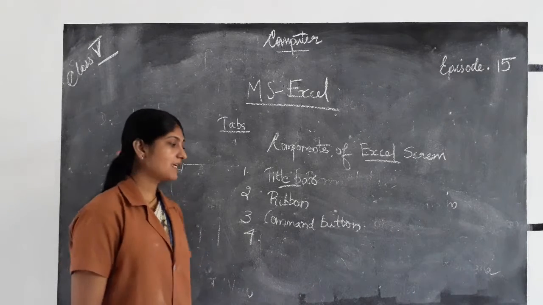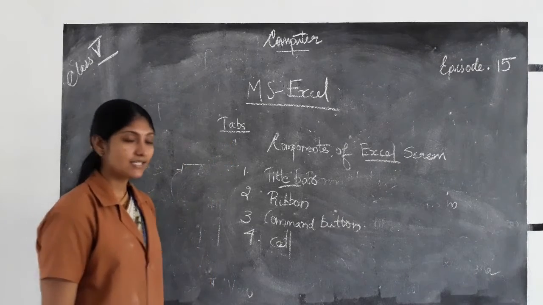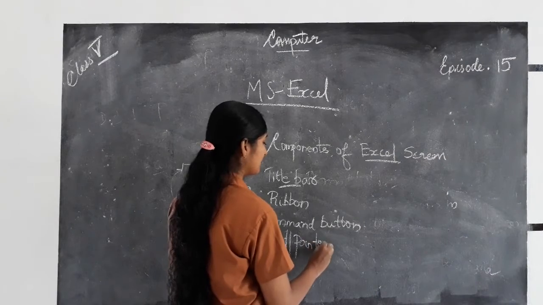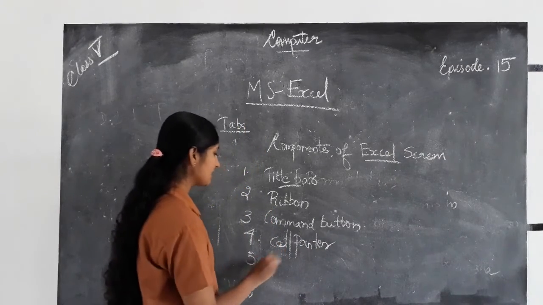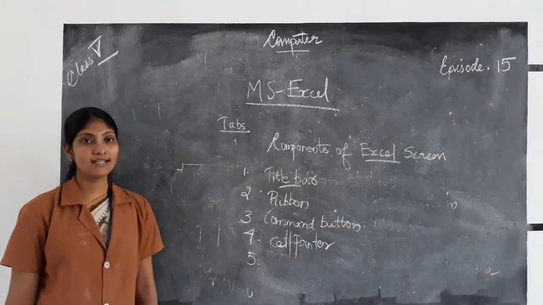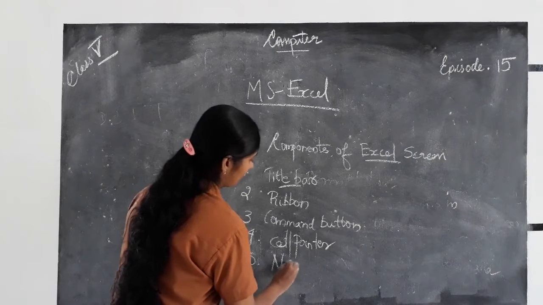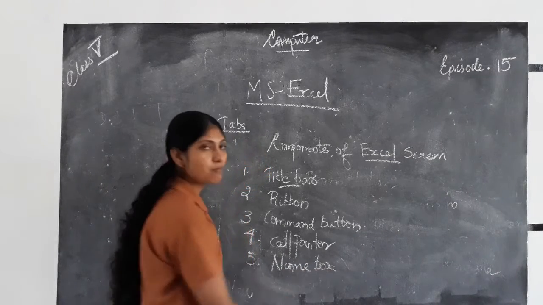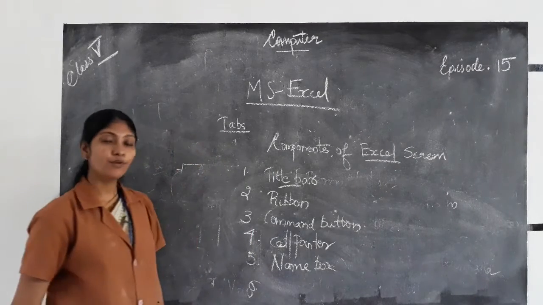So what is a cell pointer? Cell pointer is a rectangular pointer. Fifth one, name box. Name box shows the name of the active cell. And sixth one is formula bar.